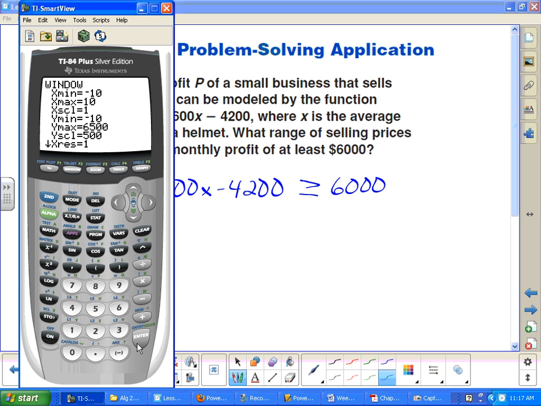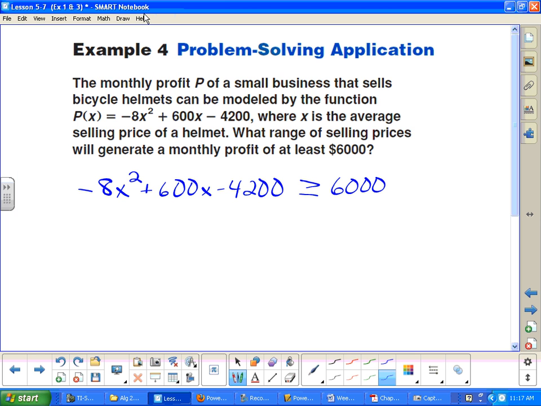Now here we're talking about the average selling price of a bicycle helmet, right? How much are bicycle helmets? $20, $8. Okay, so more than 10 possibly, right?